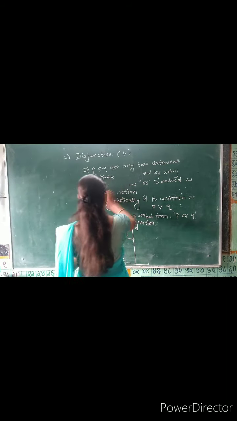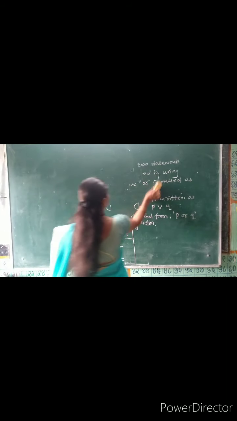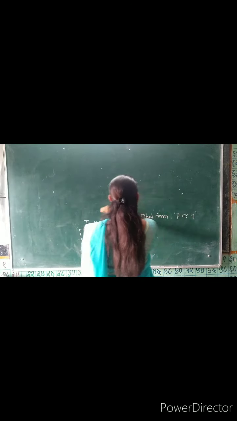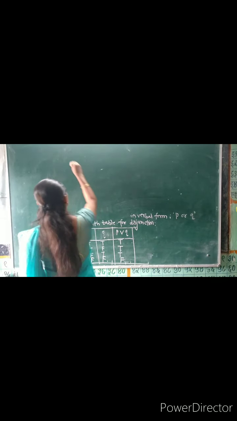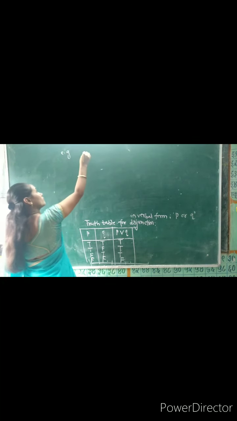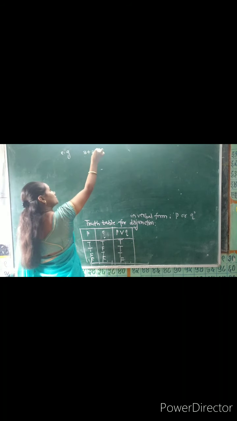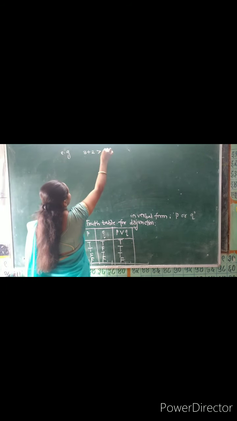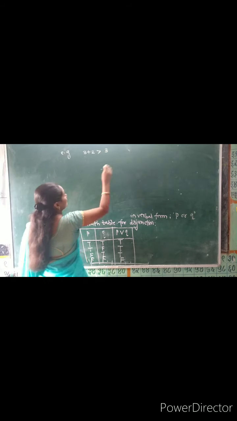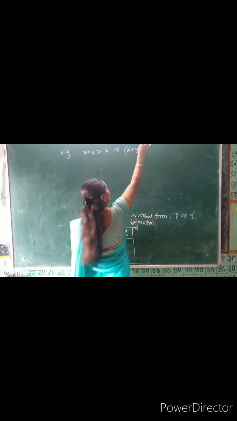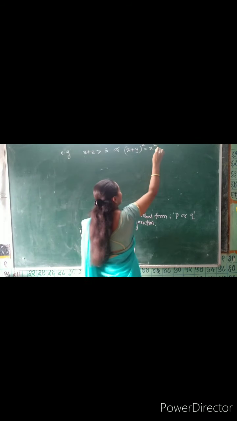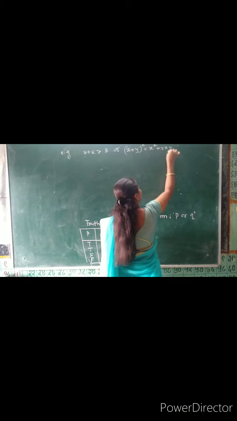Now we take one example. 3 plus 2 is greater than 3, or (x plus y) whole square is equal to x square plus 2xy plus y square.